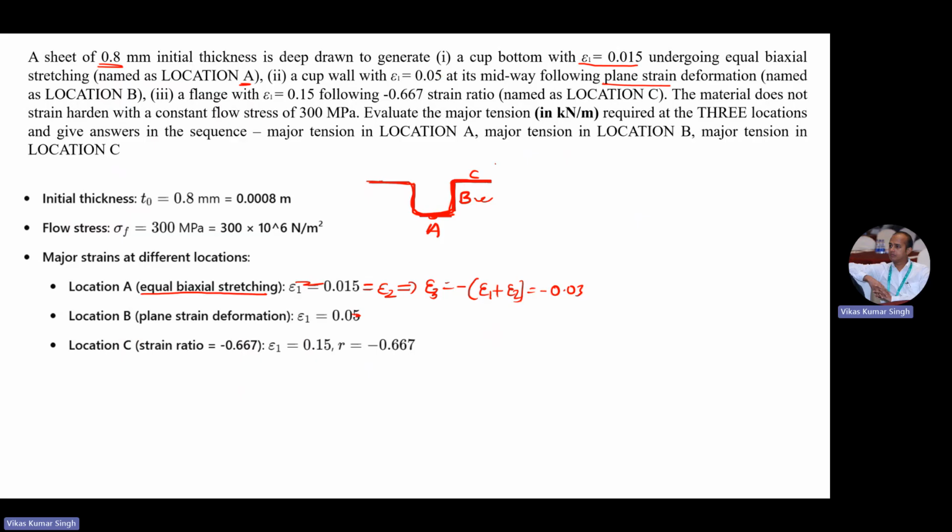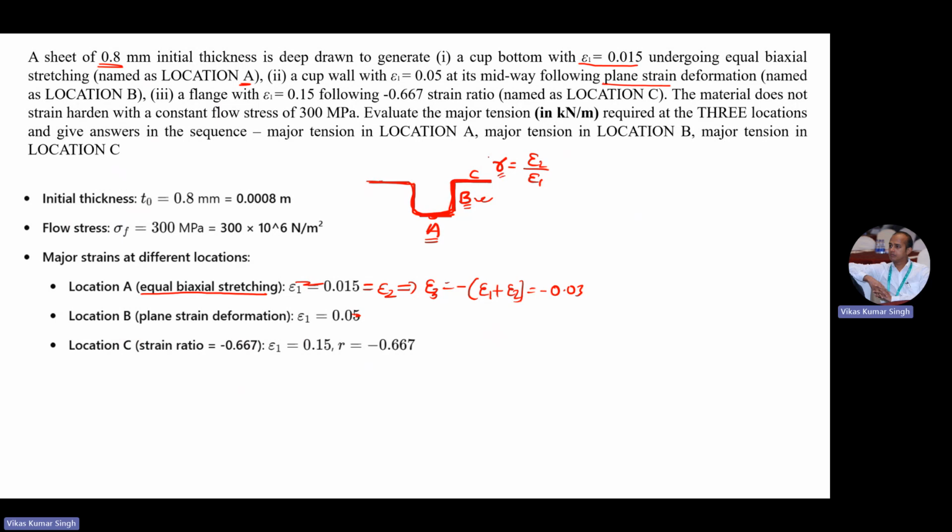The third location they are giving R. R means a strain ratio, sigma 2 by sigma 1 value is given. So everywhere the calculation of sigma 1, 2, 3 is different. Here we have to follow equal biaxial stretching. Here we have to follow plane strain condition. Here we have to follow a strain ratio.